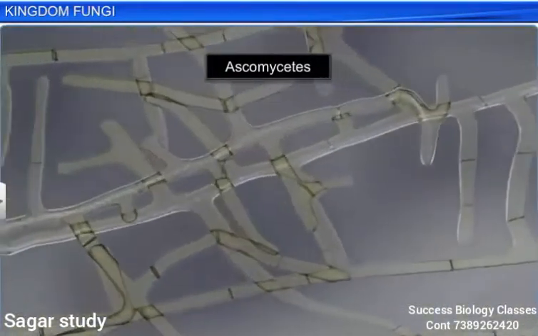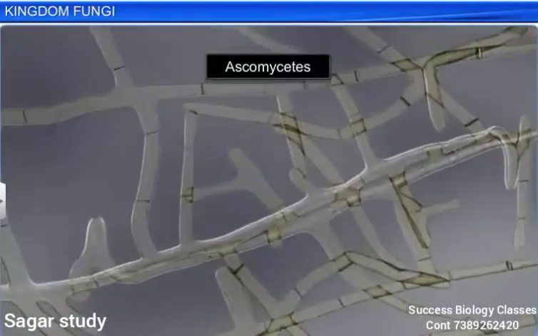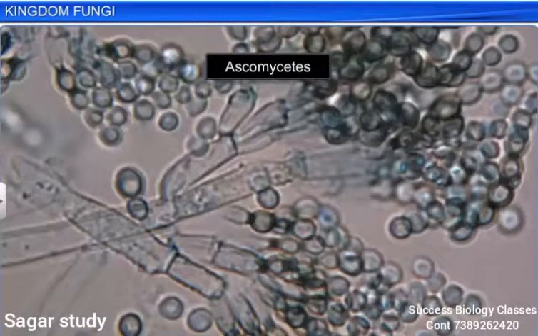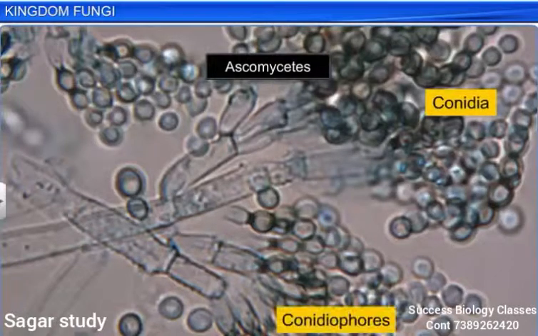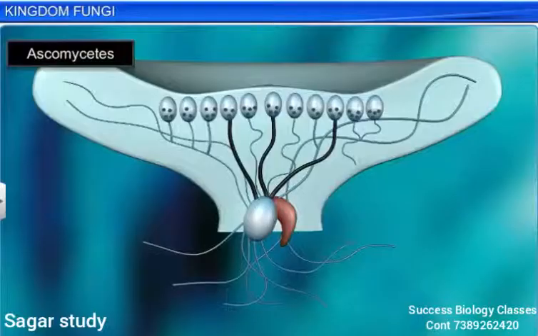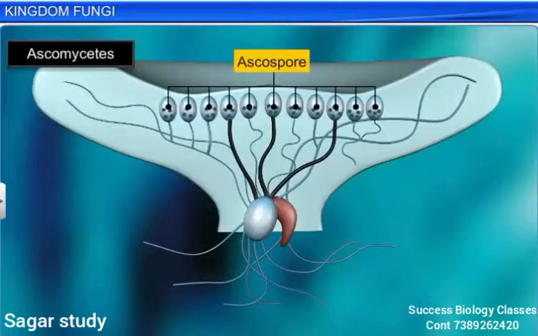Ascomycetes have branched and septate mycelium. They reproduce asexually by spores called conidia that are produced exogenously on the special mycelium called conidiophores. Sexually, they reproduce through spores called ascospores that are produced endogenously in sac-like asci.